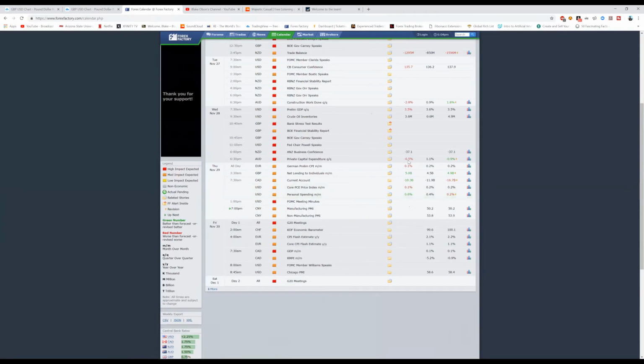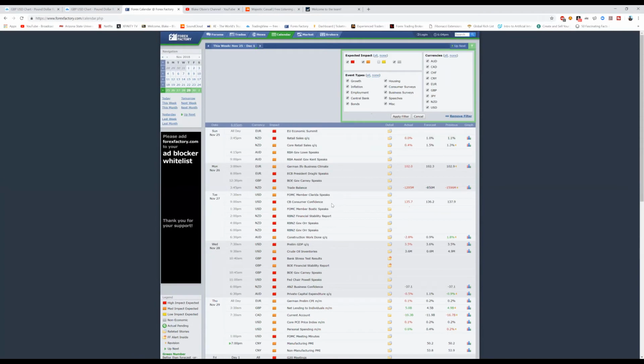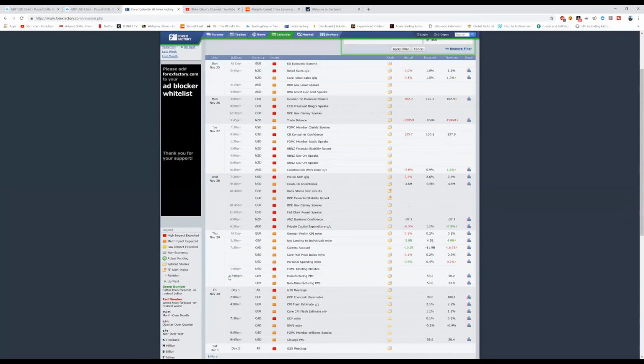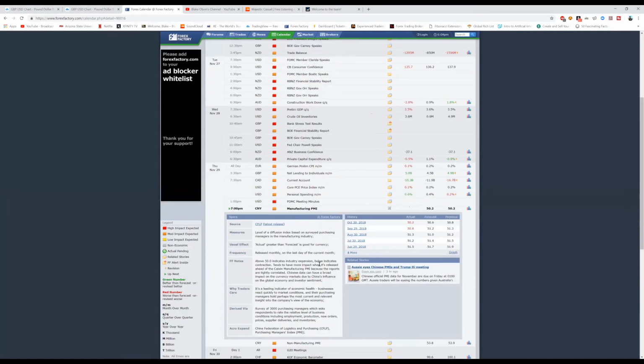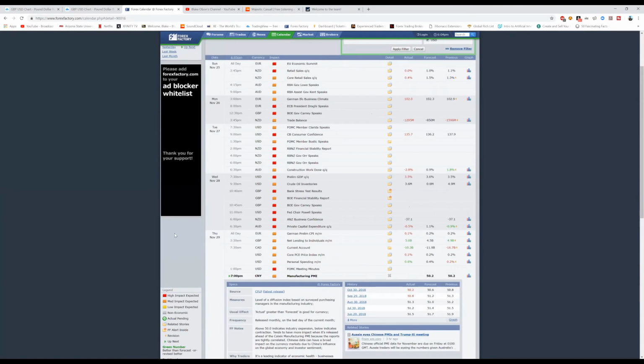So how do we make sense of forexfactory.com? How does this help us? If you look at the green arrow, that is the next expected news, which, kind of funny, coincidentally enough, is the CNY, which is the Chinese yuan, by the way. I think I forgot to say that, which most brokers don't accept because China does manipulate their currency.